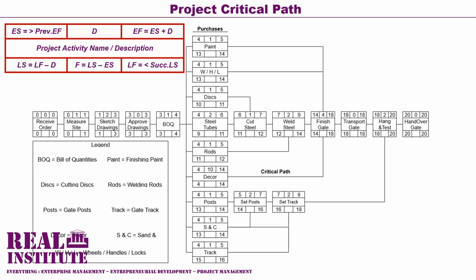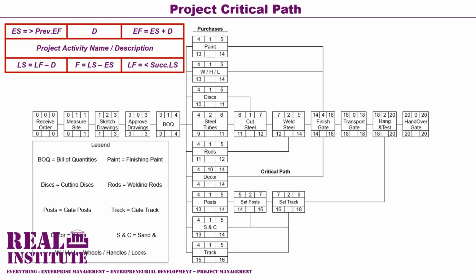Same logic is carried forth until the first activity. The first activity, being the receive order activity, is allocated a late finish value equal to its successor's late start value, and its successor is activity 2, the major side activity, with a late start value of 0.